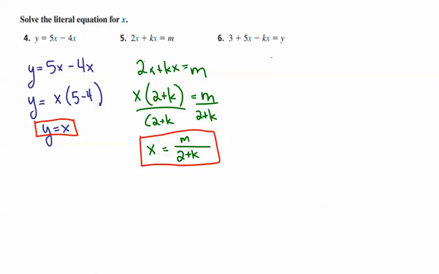Okay, sorry about that. So we have 3 plus 5x minus kx is equal to y. So here we actually can factor out an x.